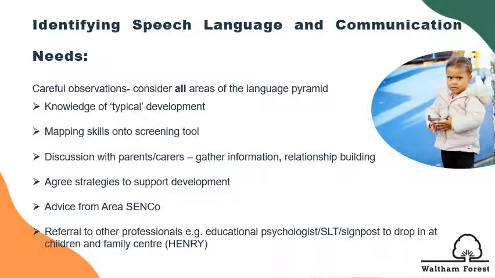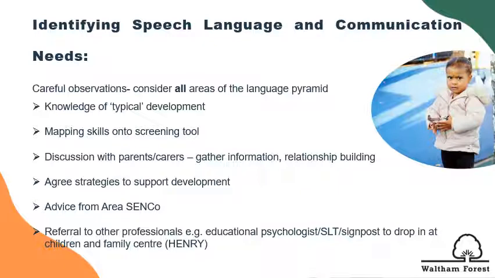So how do we identify children that have speech, language and communication needs? The first thing that's important to do is to make lots of observations and consider all areas of the child's language and communication skills. So think back to using the language pyramid.